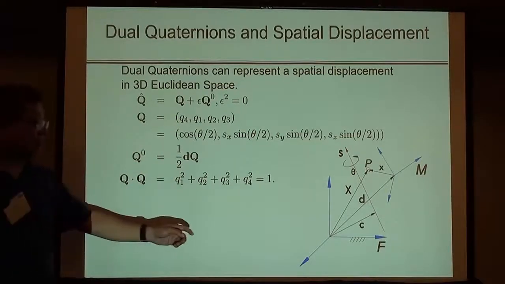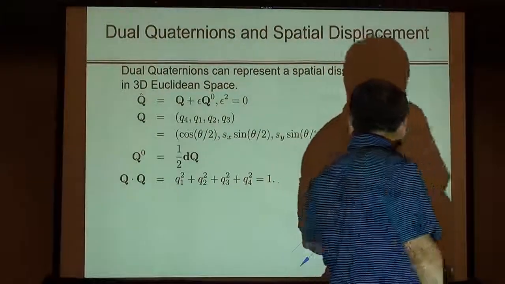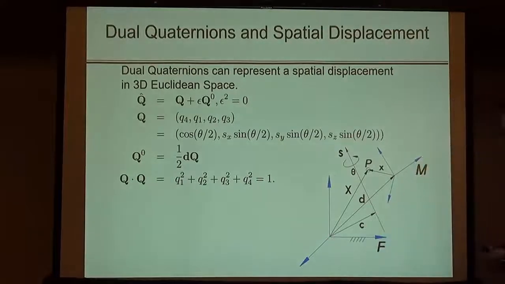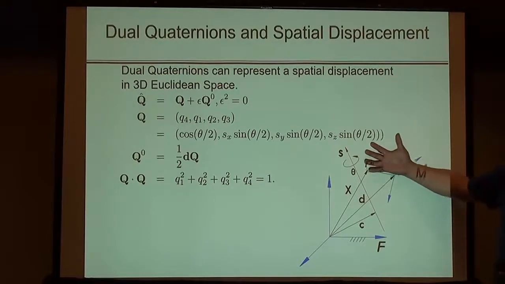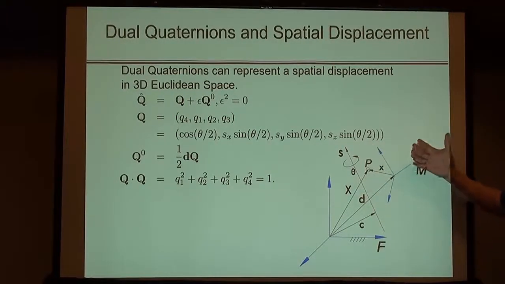Well, D is a vector that connects the origin of the fixed coordinate frame to the origin of the moving coordinate frame. Okay, as we all know, if we have a rigid body, the choice of moving coordinate frame is arbitrary, right?